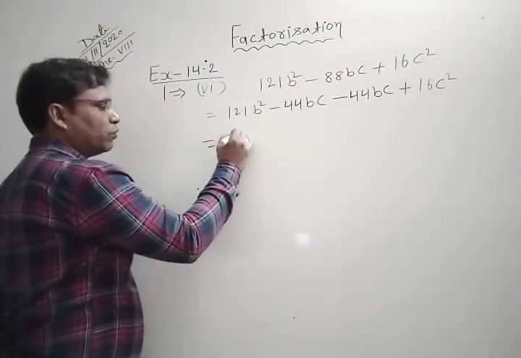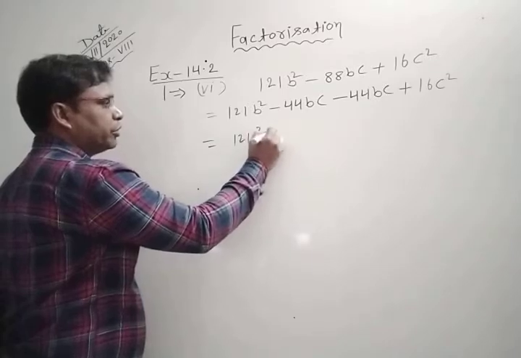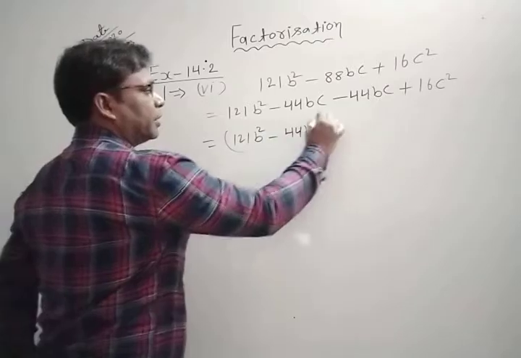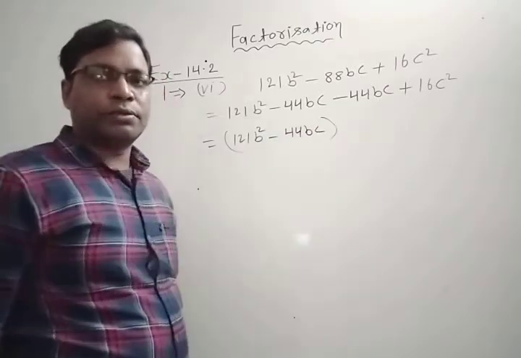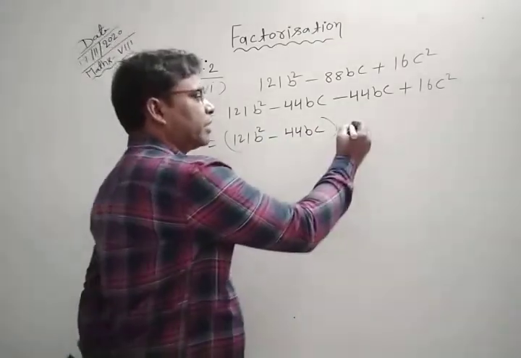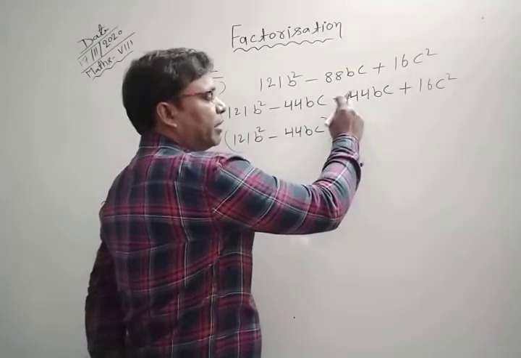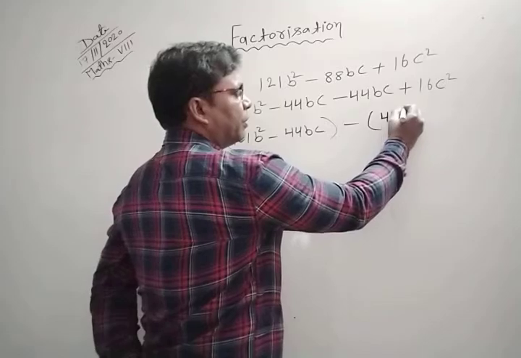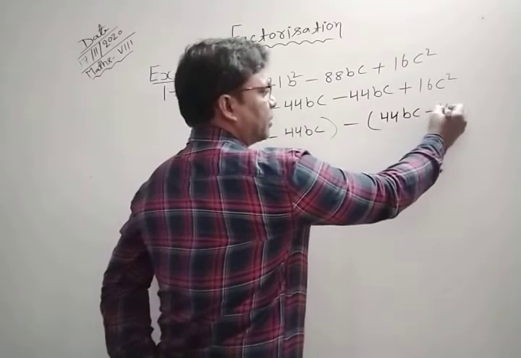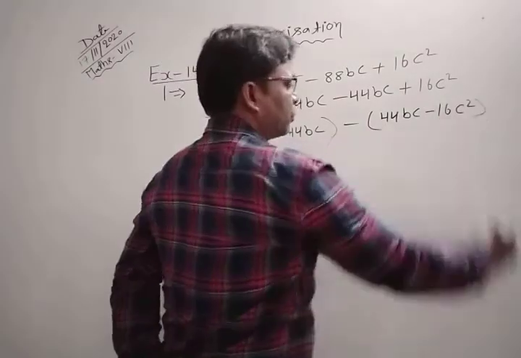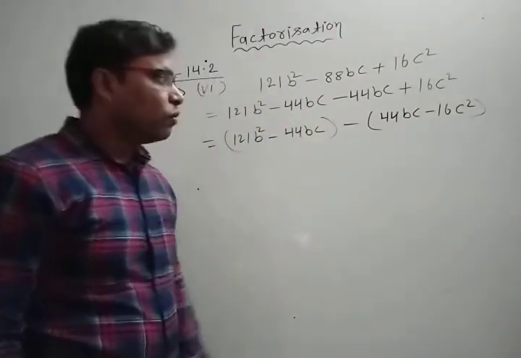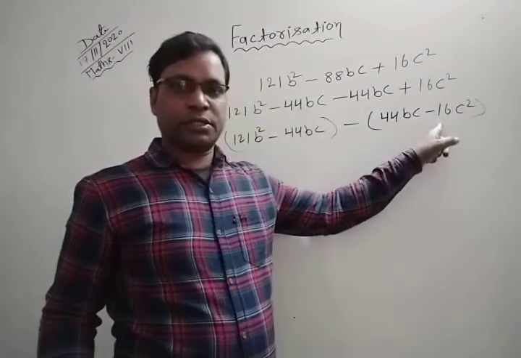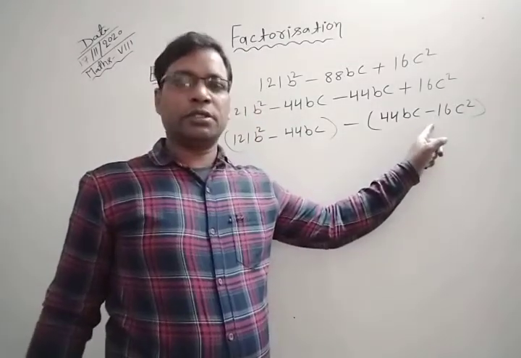So it becomes 121b square minus 44bc, which is the first group. Now we take a minus common from both terms, so it becomes minus of 44bc minus 16c square, which is the second group. When you open the brackets, the minus becomes plus again, so don't be confused here.